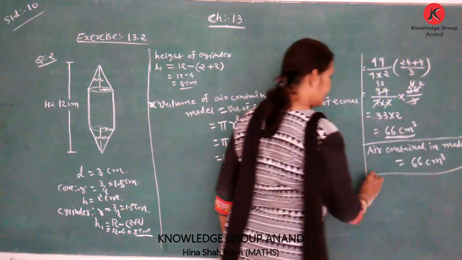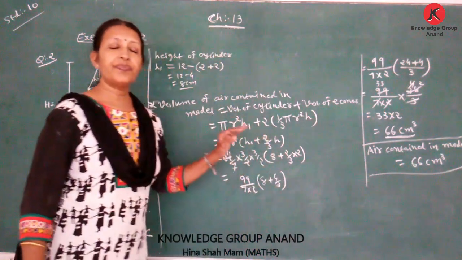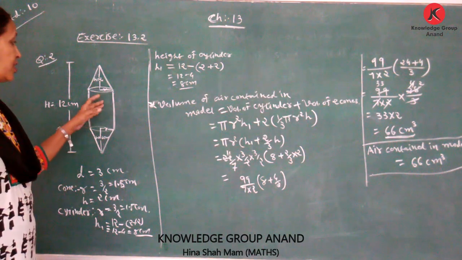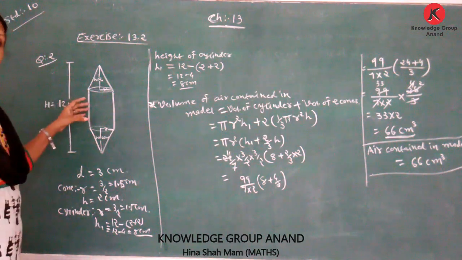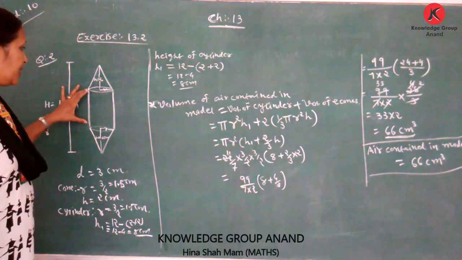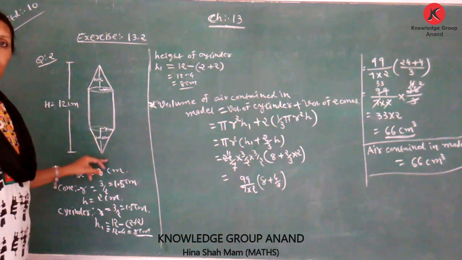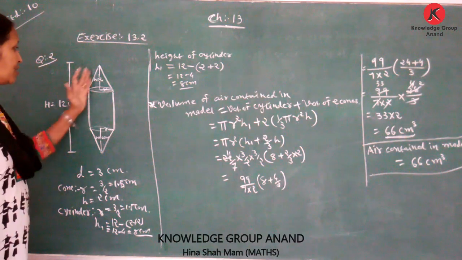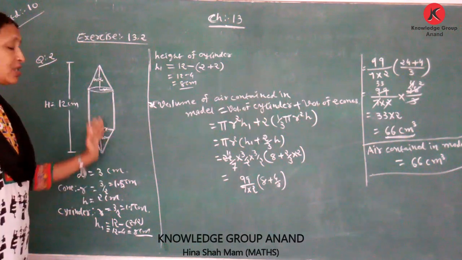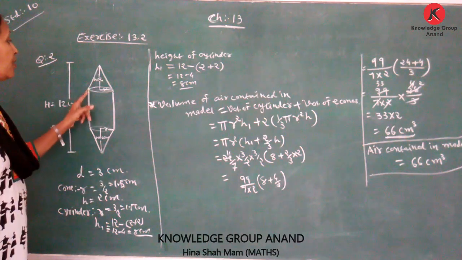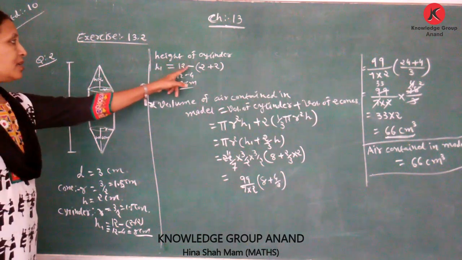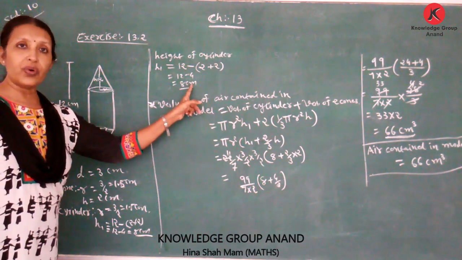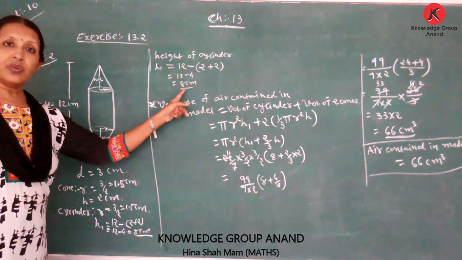Again, Rachel, an engineering student, made a model shaped like a cylinder with cones. Here the total height is 12 centimeter and the cone height is 2 centimeter. Then the height of the cylinder is 12 minus (2 plus 2), which is 12 minus 4, equal to 8 centimeter.